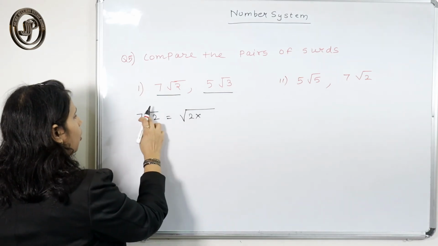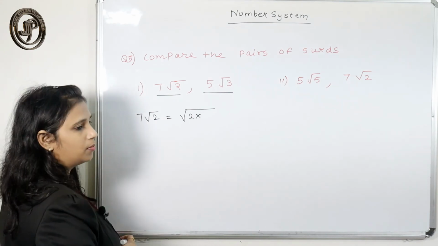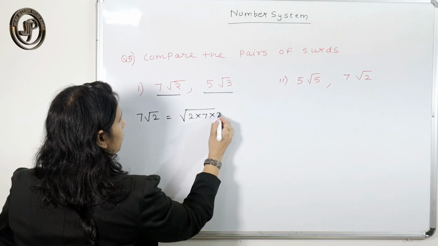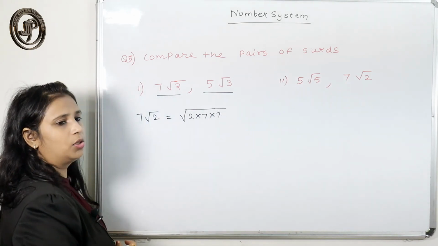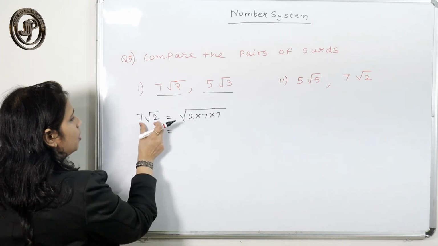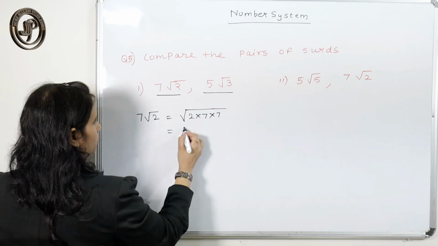This is 7 and the order is 2. When you bring this 7 inside the radical, you have to multiply this 7 two times. This is the mixed form and this is the proper surd form.